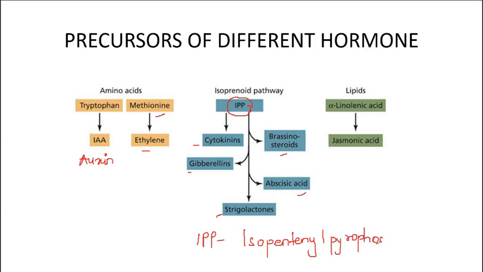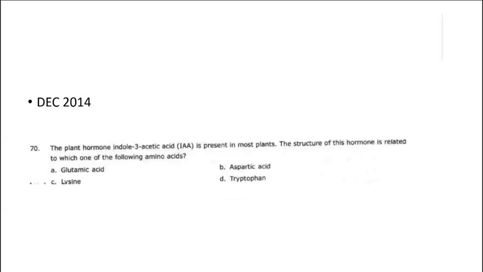Another hormone, ethylene, is synthesized from methionine. Now, cytokinin, gibberellin, strigolactone, abscisic acid, and brassinosteroids are synthesized from IPP. The full form of IPP is isopentenyl pyrophosphate, and the pathways which use isopentenyl pyrophosphate are known as the isoprenoid pathway.